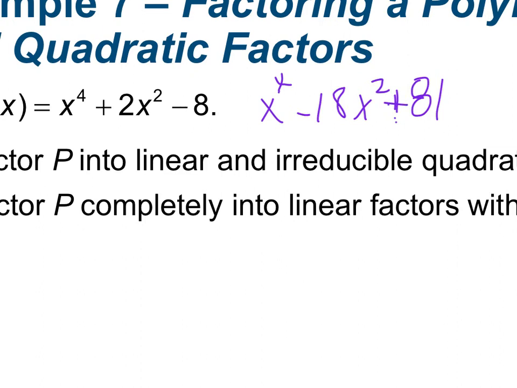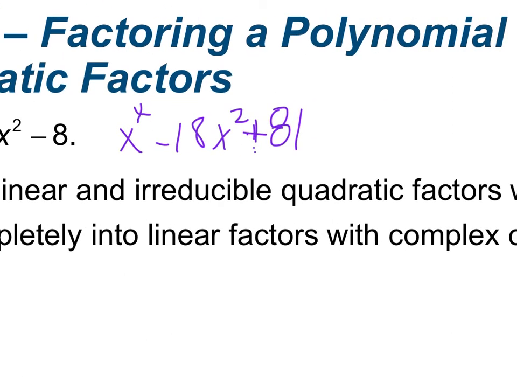Now, about 90% of you that got this right used P over Q. You listed out the factors of 81, and you did the synthetic division. It was great. You wrote 1, and then there's no x cubed, and then it's negative 18, and then there's no x, and then it's 81. I was really, really impressed with that.